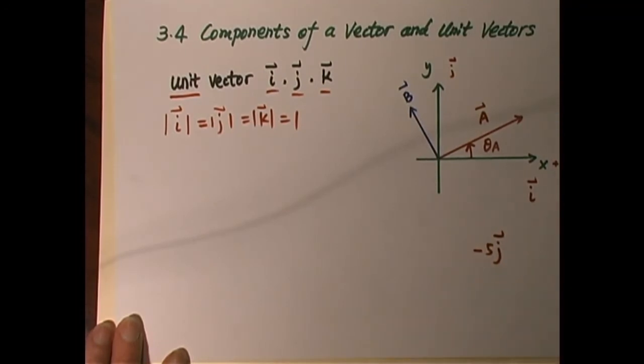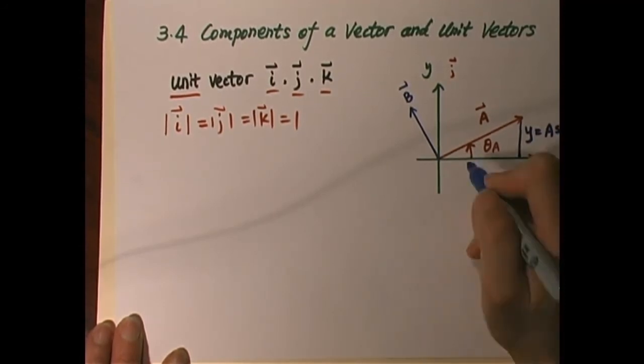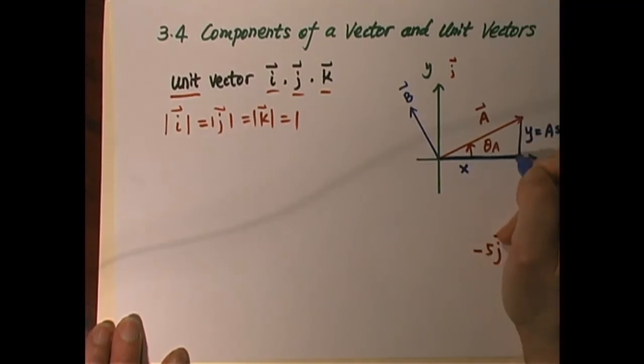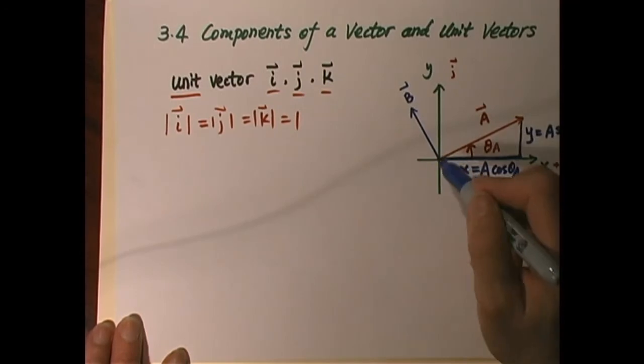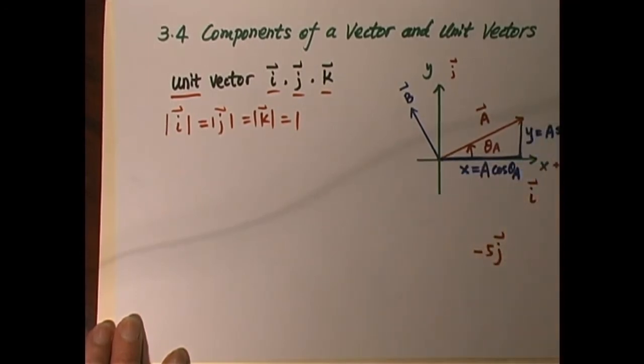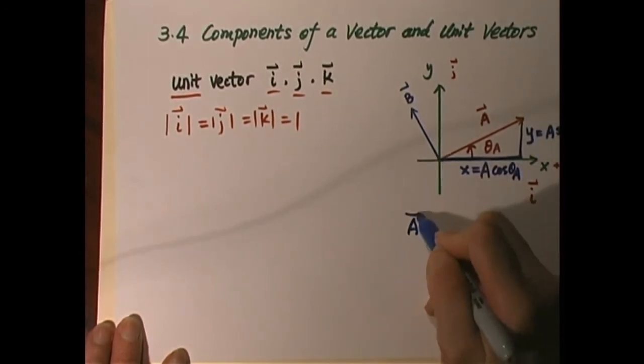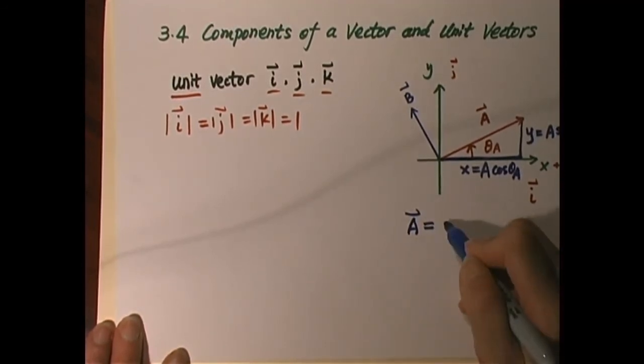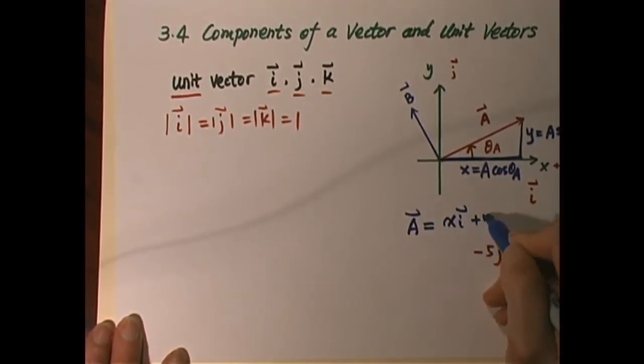Well, we learned that in the Cartesian coordinates, the y equals the magnitude a times sine of theta. The x, which is right here, equals the magnitude of that distance times cosine theta. So this is how many units along x and how many units along y. Therefore, vector a can be expressed as x of i plus y of j.